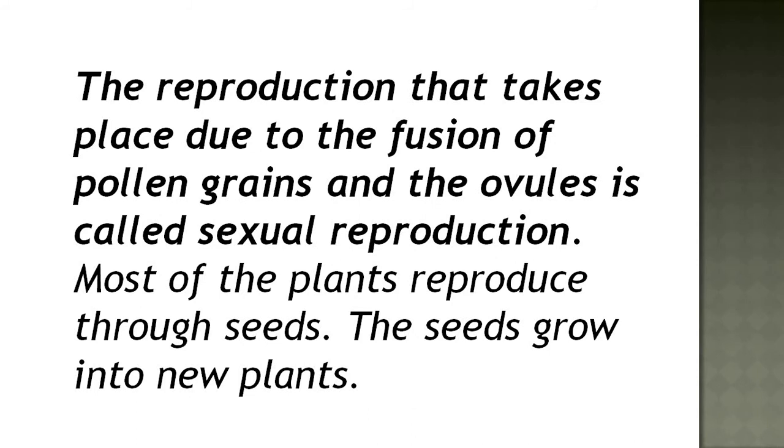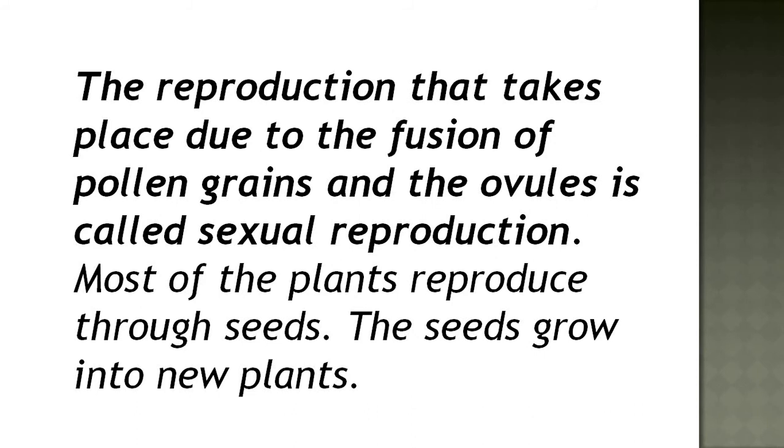And you know pollen grains are produced in the stamen of the flower and ovules are produced in the pistil of the flower. So it means, children, that in sexual reproduction, the plant's male reproductive organ and female reproductive organ take part, and the result of sexual reproduction is that fruit and seeds are formed.